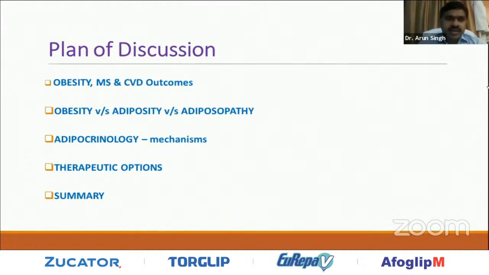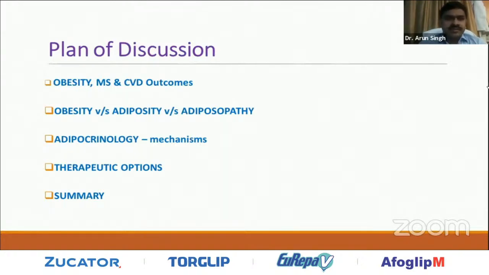And how the adipocytes play a role as an endocrine organ, and the active role of adipocytes in causing systemic inflammation and increased risk of CVD risk factors and adverse outcomes, and what therapeutic options we have right now, and what is there in the pipeline, and summary.